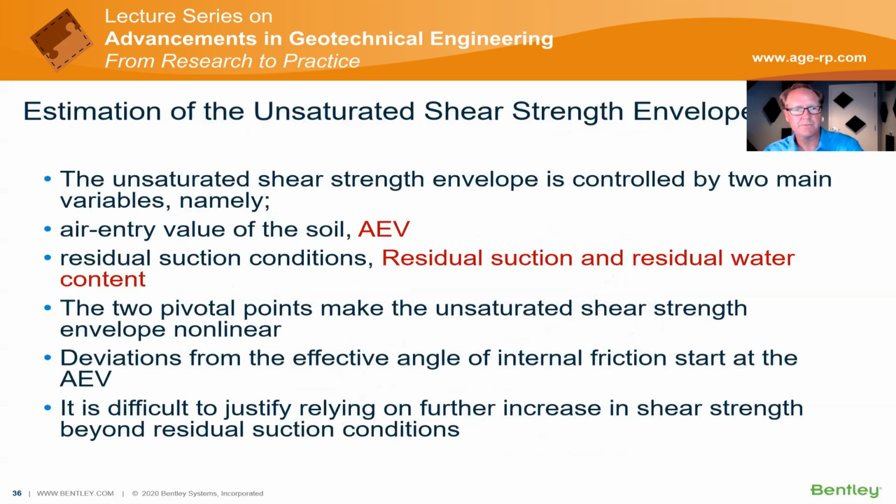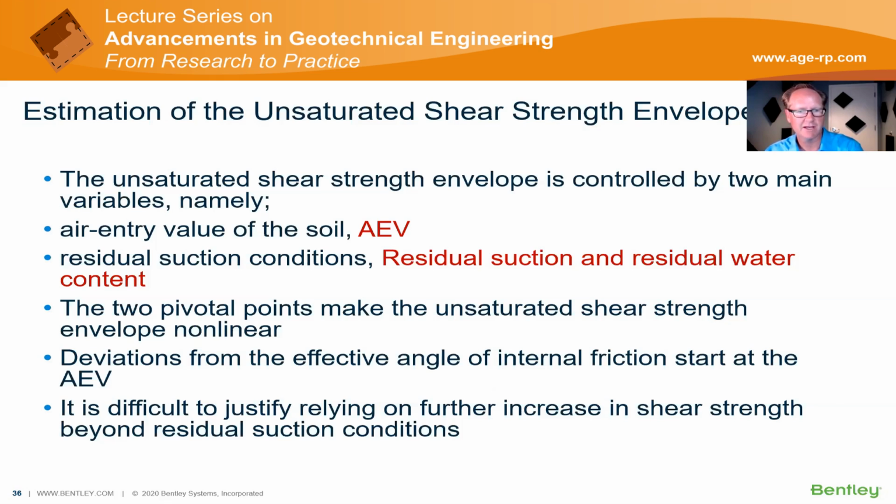The unsaturated shear strength envelope is controlled by two main variables. So how do we estimate the unsaturated shear strength of the soil? As mentioned, there are about 6 different methods in the software that we can make use of, thank goodness. This just gives a rough overview of them, the physics. We have the air entry value and residual conditions, the 2 pivotal points that make the unsaturated shear strength envelope essentially nonlinear.